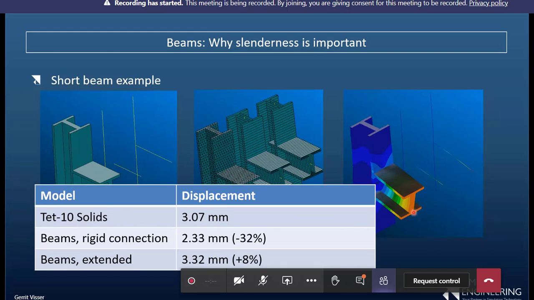It's that vertical displacement. If I rigidly connect that point to that, because that material doesn't exist, I get 2.33, or if I extend the beams, I get 3.32, which at first glance sounds like this is the nicest one to use if I use beam elements.